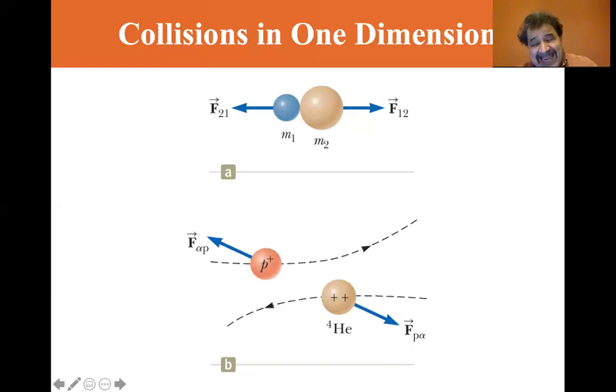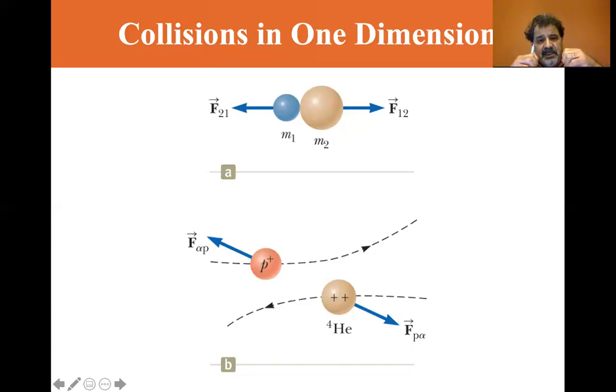Collisions are elastic or inelastic, depending on whether or not kinetic energy is conserved. In an elastic collision, where the two particles bounce off each other, the kinetic energy is conserved. In an inelastic collision, the total kinetic energy is not the same afterwards.